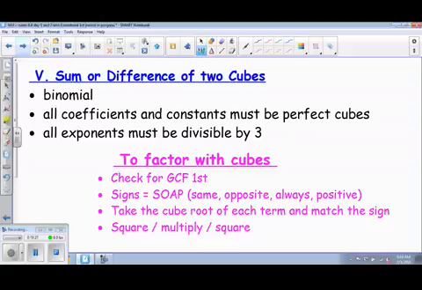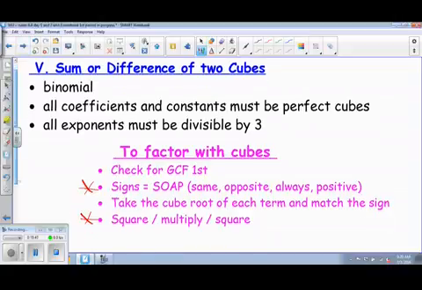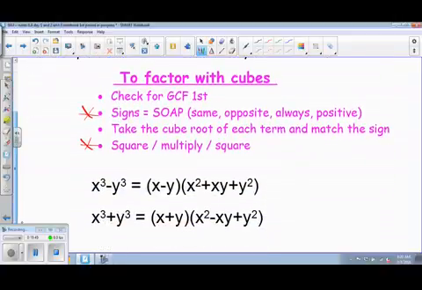After you do that, you take the cube root of each term and match the sign. So these are the things you need to remember: SOAP, same, opposite, always positive. And then when you fill in the actual terms, it's square, multiply, square. This just simply takes practice.